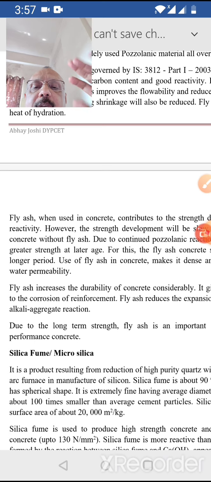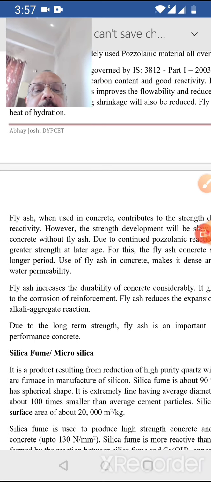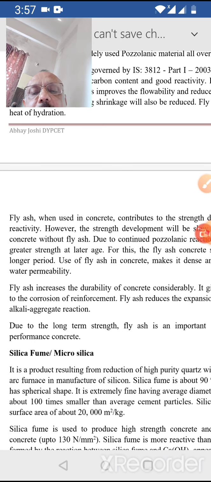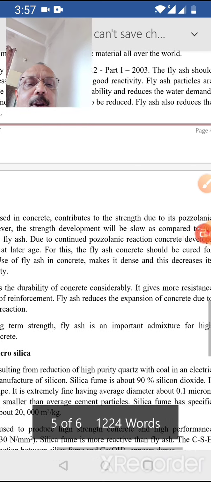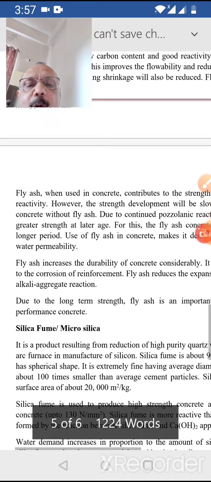It governs the corrosion of reinforcement, and it acts as a reducer for expansion due to alkali aggregate reaction, and that's why due to long term strength, fly ash is an important ingredient of high performance concrete.